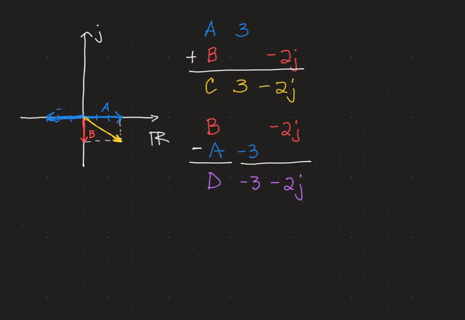So we have B minus A. You could represent that with an A prime if you wished. And when we finish the parallelogram, we would have our difference, negative 3 minus 2j, number D. That sounds weird, but remember D just represents the complex number, negative 3 minus 2j.